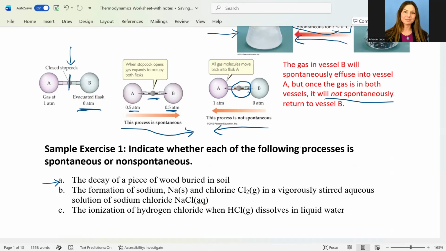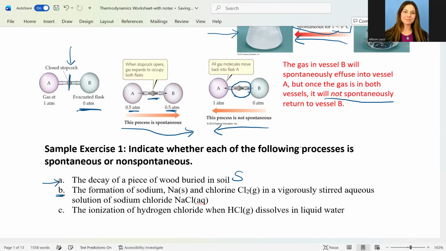Decay, we know, is just something that occurs spontaneously. If you ever left a piece of fruit out on the counter, maybe an apple that you cut, you can see it change color. And then if you kept it out for a couple days, you would see it decay. So this is a spontaneous process. We'll list an S there.